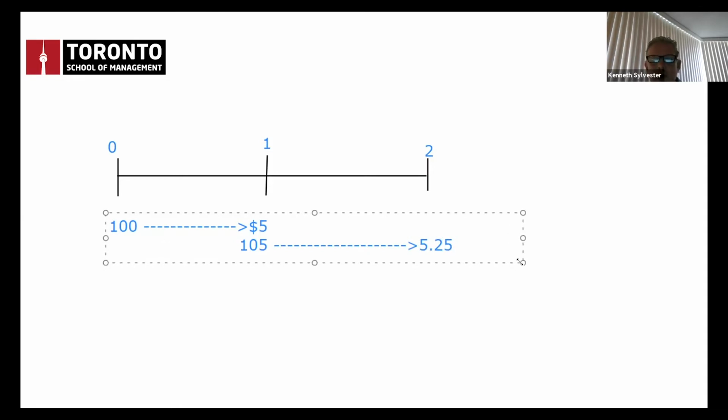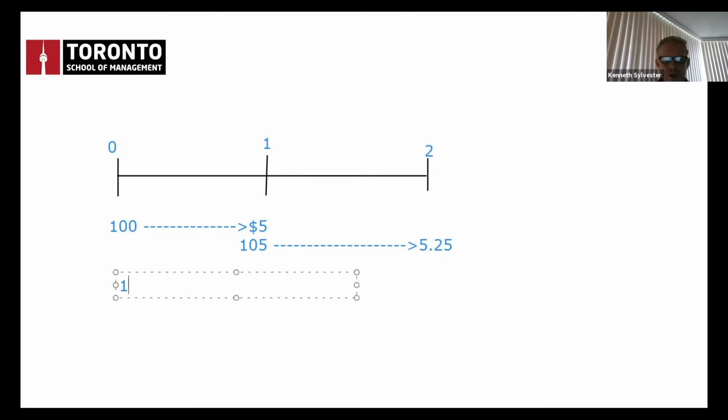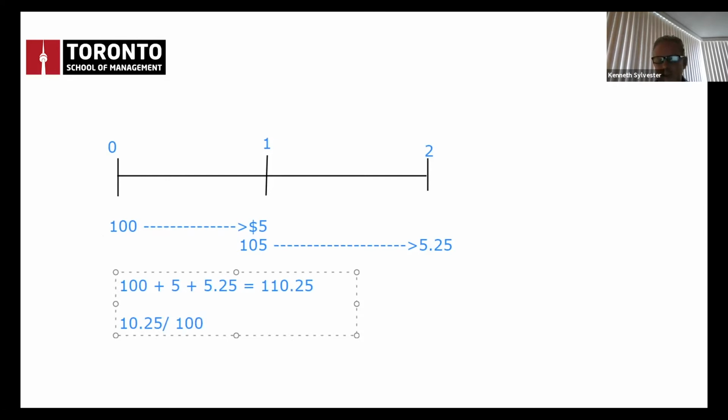Okay, so now if we look at how much I made, we find out that I earned 100 plus the $5 plus the $5.25, which gives me 110.25. If I want to find out how much that is in terms of a rate of return or effective interest rate, I take 10.25 and I divide it by 100.